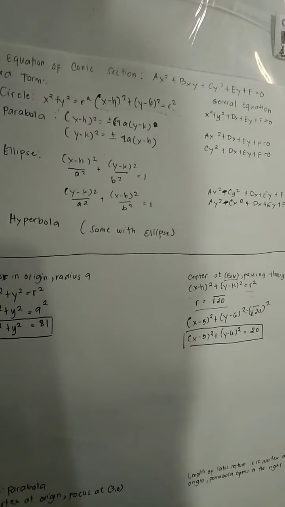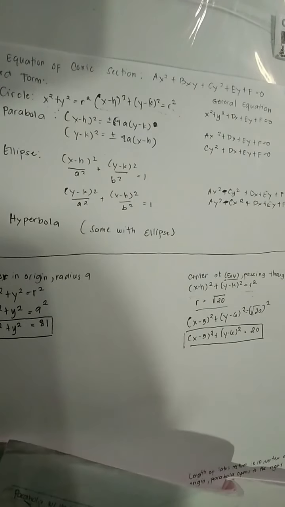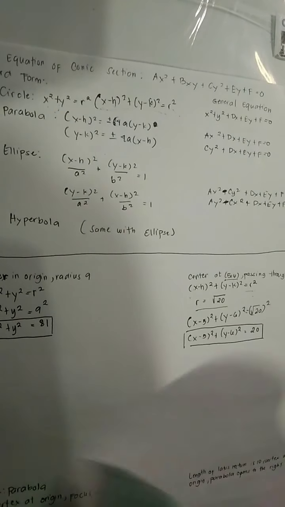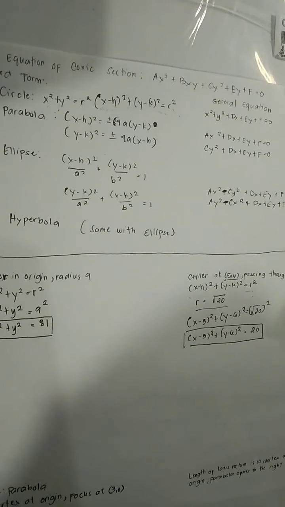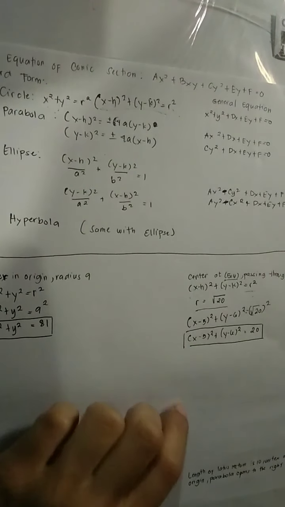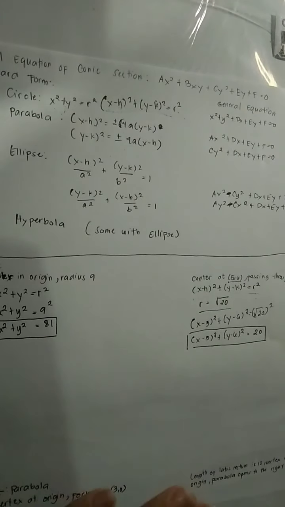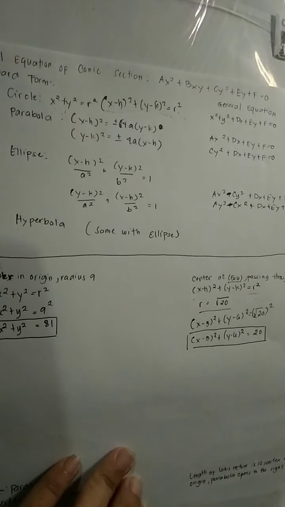If the equation is (x minus h) squared is equal to positive 4a(y minus k), that means that our parabola is opening upward. If it's (x minus h) squared equals negative 4a(y minus k), the parabola opens downward.